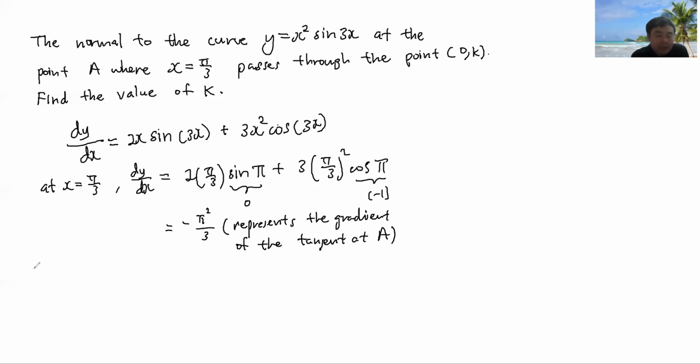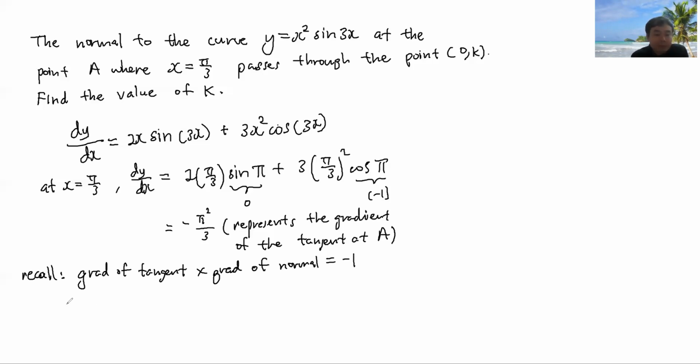So if you recall, there's this special relationship. The gradient of tangent times the gradient of normal is always equal to -1.